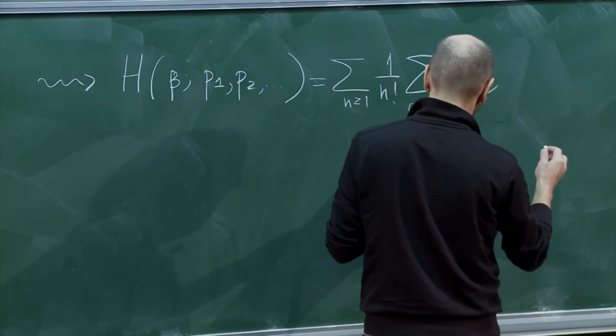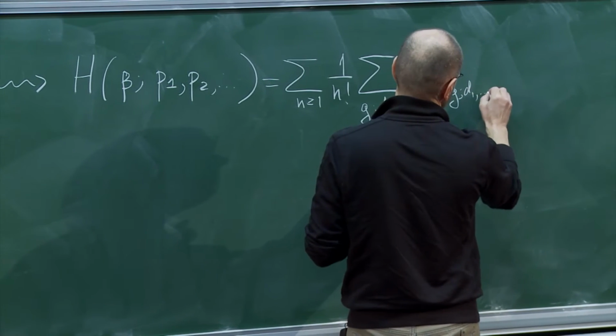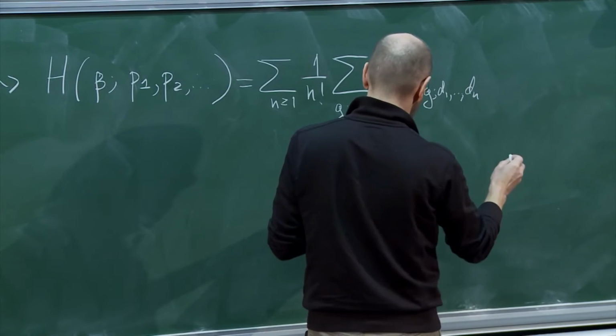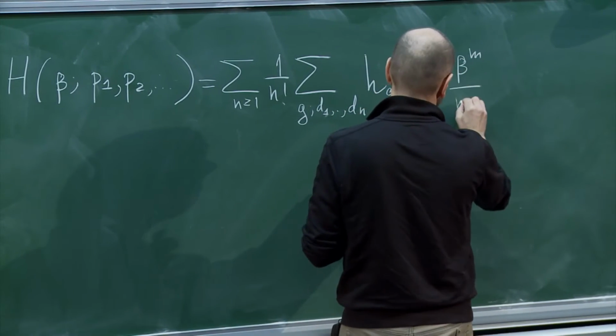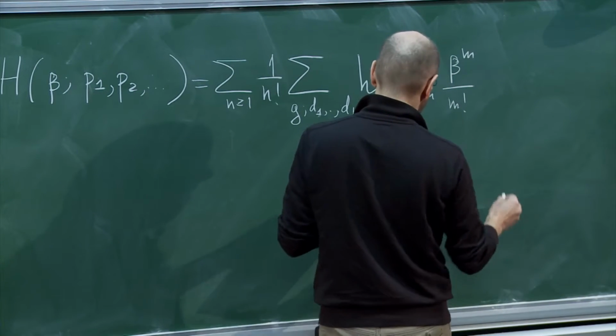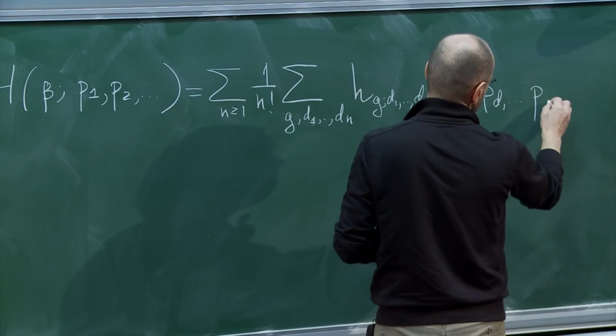And here we have the Hurwitz number hg d1 to dn times beta to the m over m factorial p d1 up to p dn.